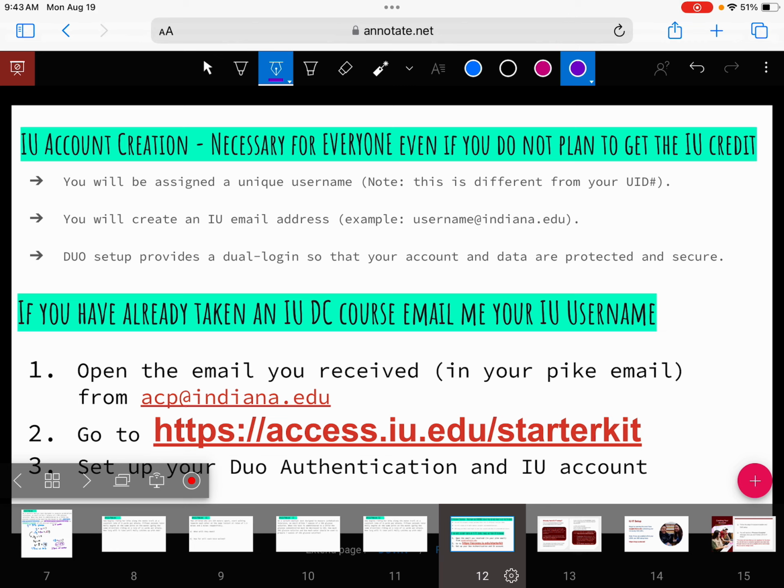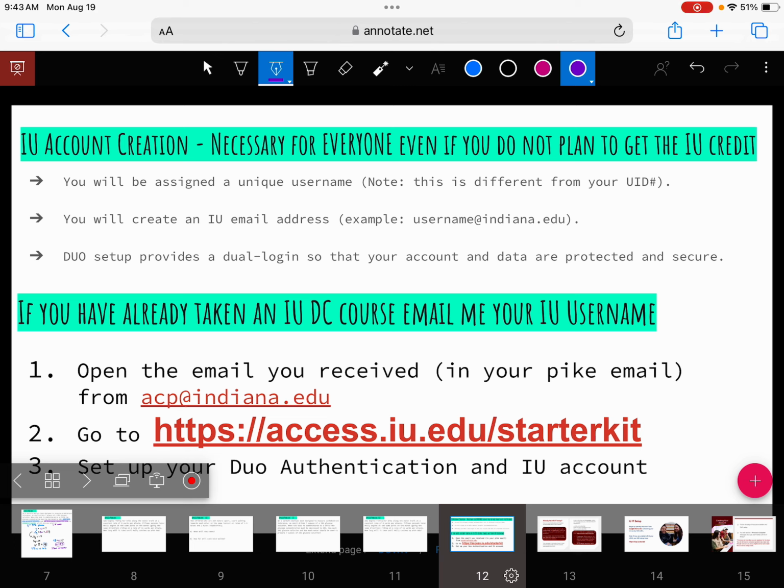You should have a username that's been emailed to you, and this information should be in the email from acp@indiana.edu. This email has all the information you need to set it up. The address access.iu.edu/starterkit is your congratulations, you've joined IU first website.